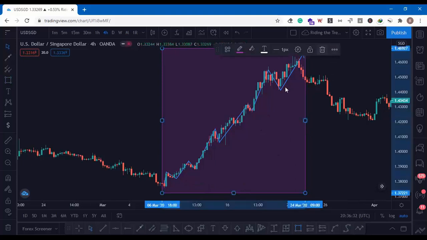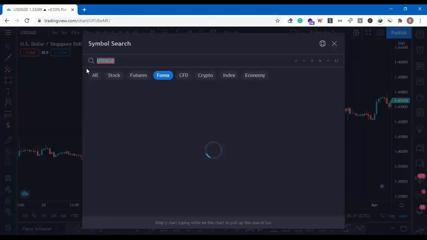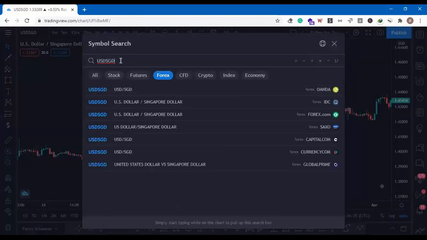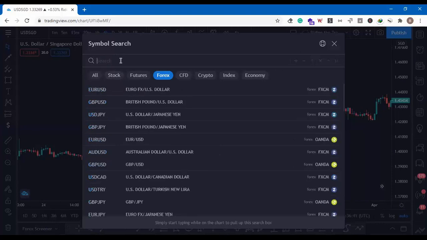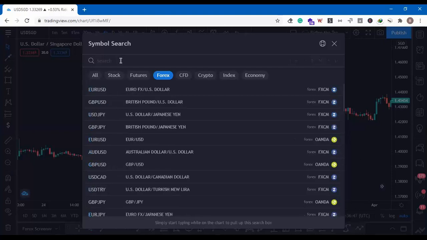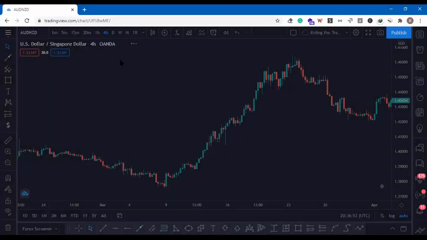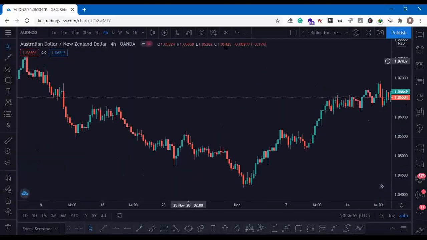Let me see if I can find another pair, and then we can look at it. Let's look at the Australian dollar and then the New Zealand dollar.